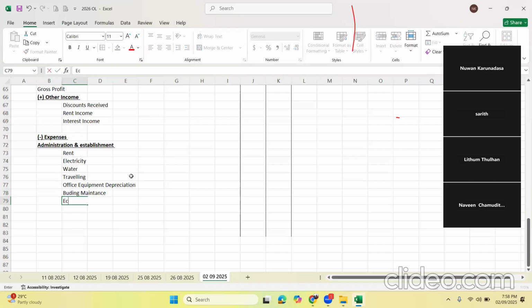Likewise, there will be a lot of other expenses coming under administration.